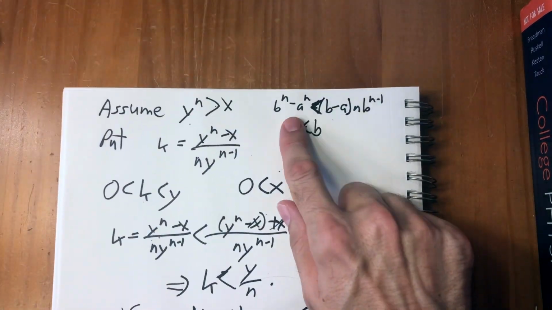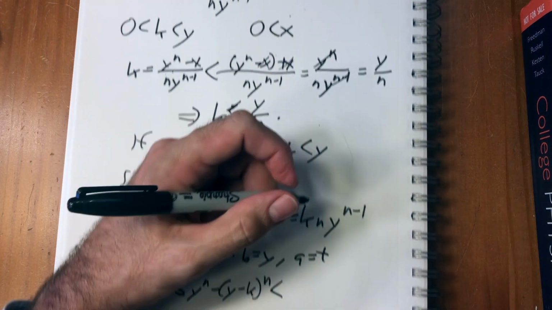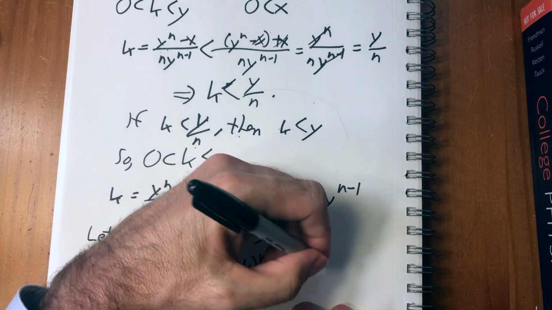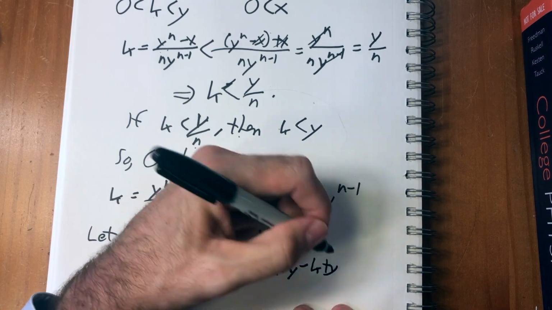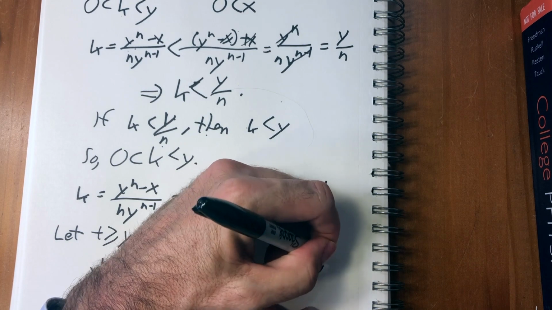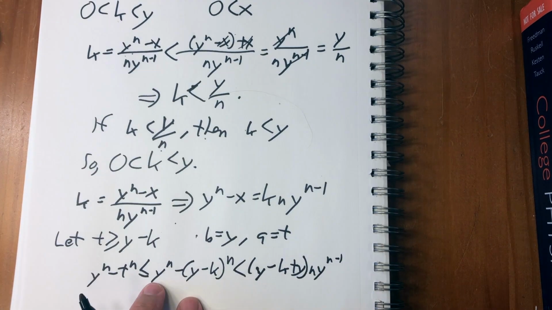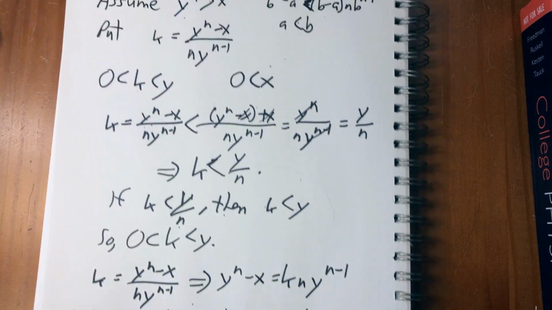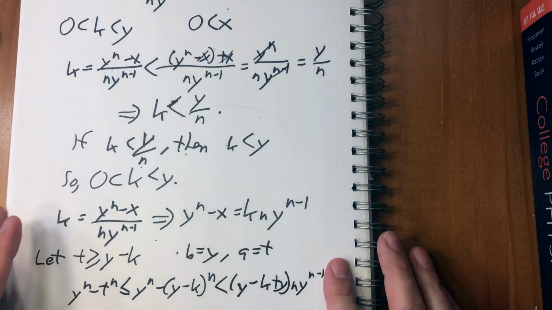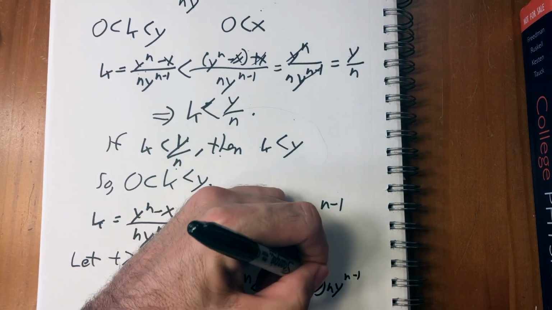So now we're using the inequality. So this is b, this is a. So here's b minus a, and then that's what's left over, right, of b. So we cancel these, same as we did before.